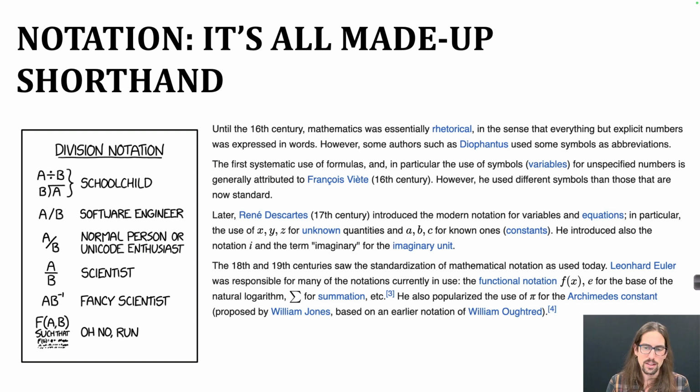They had the symbols for the numbers, but for these operations they didn't have them. And also people got tired of saying the same things over and over again, and you just want a faster way of saying it or writing it. That's where all this notation comes from, but it's really not important, and you can make up your own.